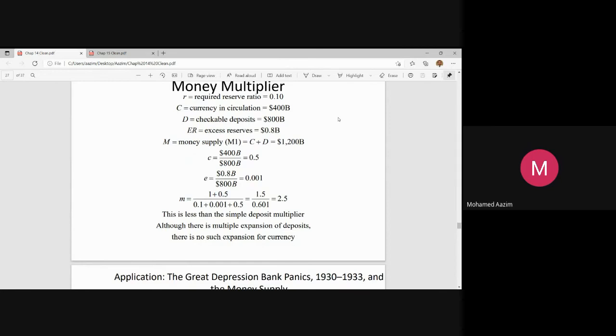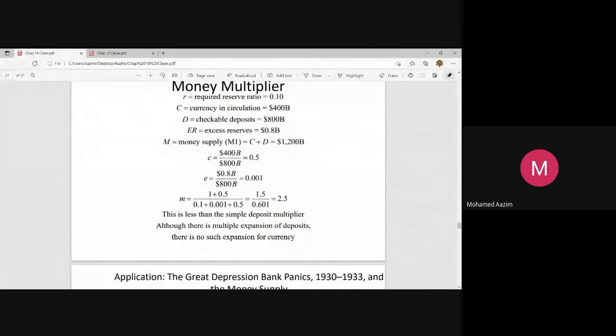C over D, 400 over 800, is small c. Then you have excess reserve ratio. But here they have given not small e, but the absolute value of excess reserves, ER. That is $0.8 billion. So if you wanted to derive small e, what you have to do is $0.8 billion over the deposit base, 800 billion, and you can derive small e.